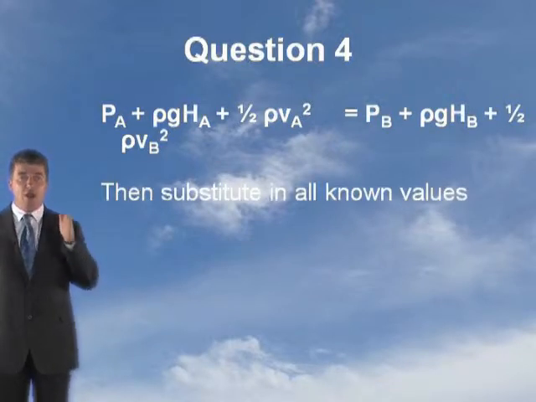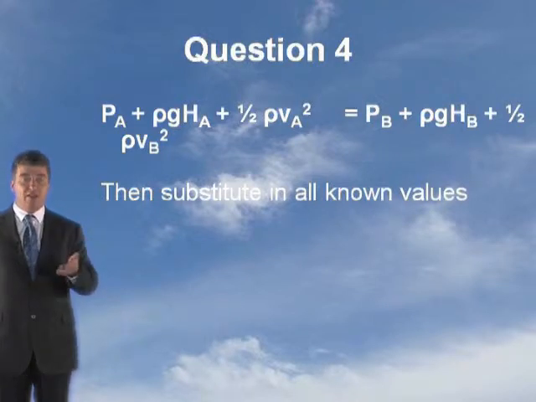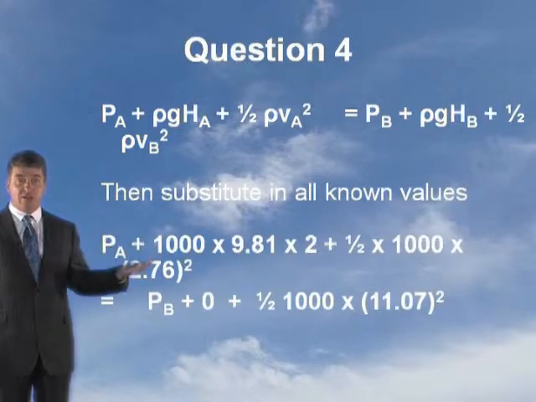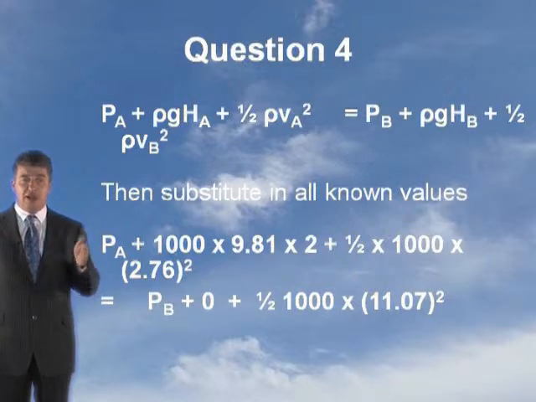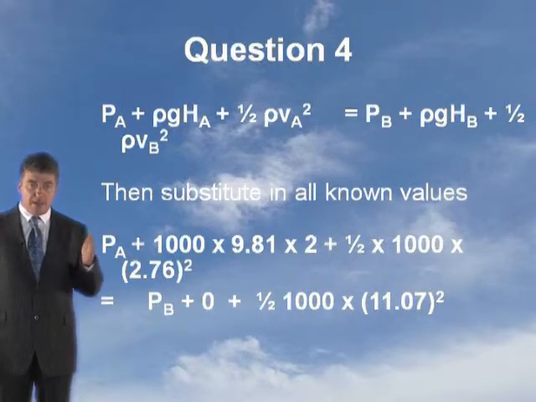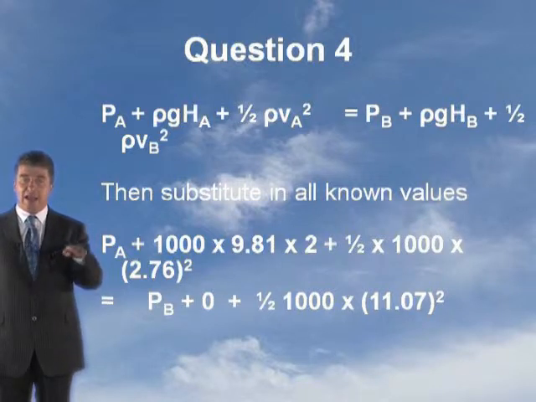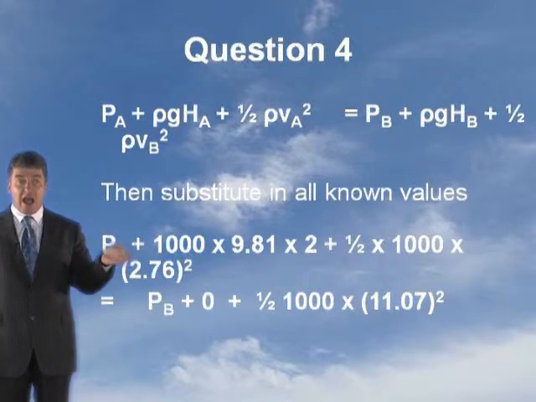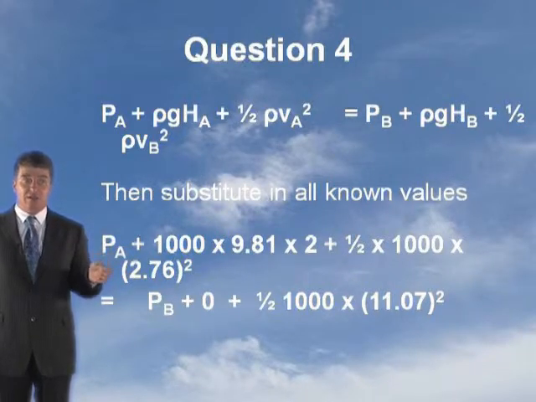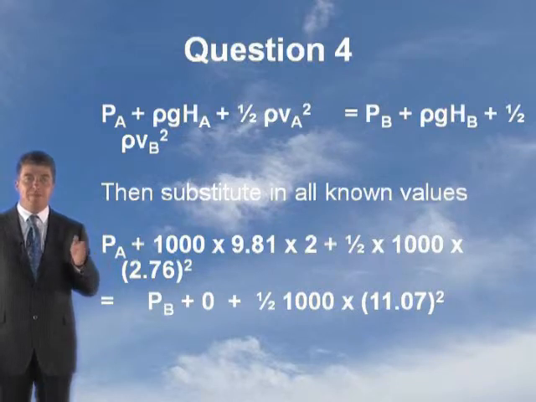Then you substitute in all known values, giving you this: PA, the pressure energy at A, plus 1000 times 9.81 times 2, plus a half times 1000 times, don't forget the velocity energy, 2.76 squared, equals PB plus 0, don't forget at point B there's no potential energy, plus a half times the density, which is 1000, times, now we put in 11.07, which is the velocity at B, squared.